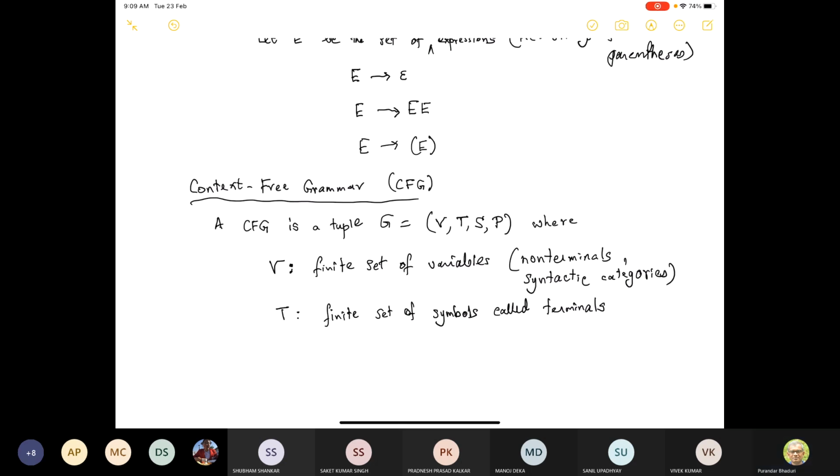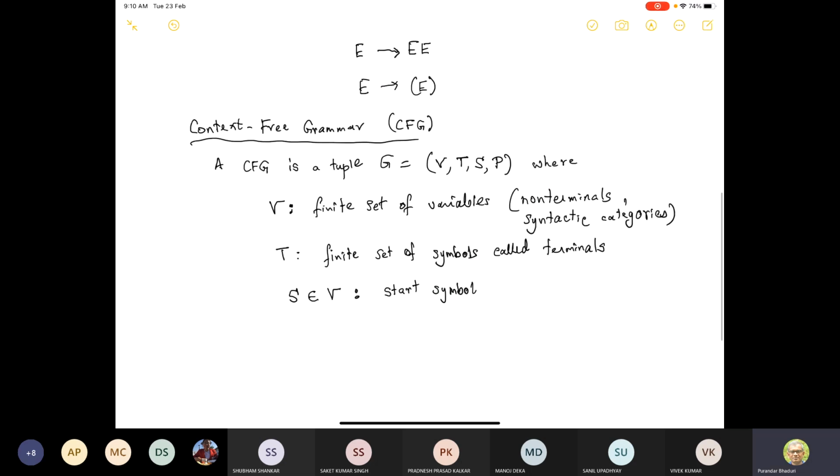And capital S is an element of V, and this is called the start symbol. It is the variable that represents the language being defined. We'll see the definitions pretty soon.